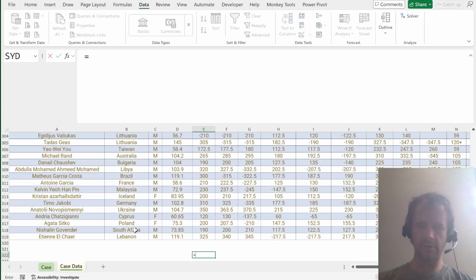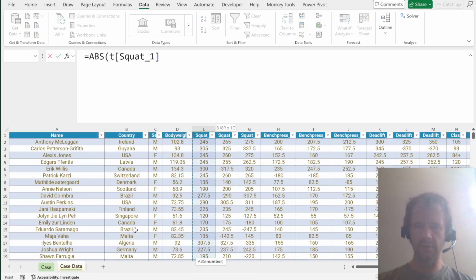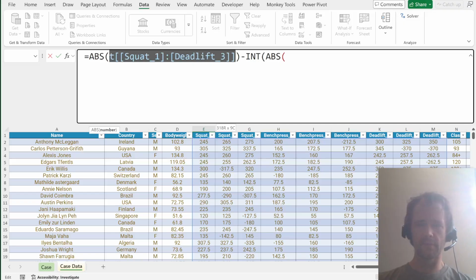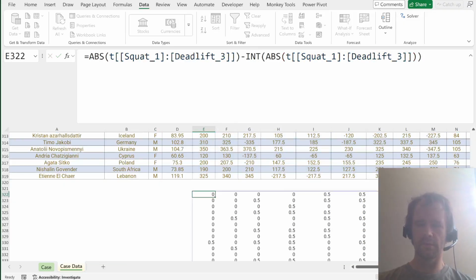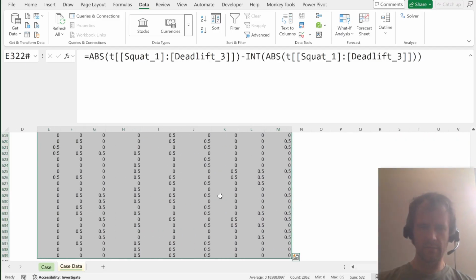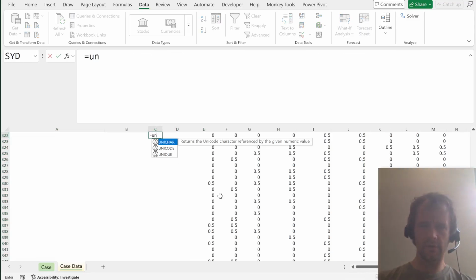Let's take abs of this minus int of, not index, int of abs of the same thing. And let's take unique of that.